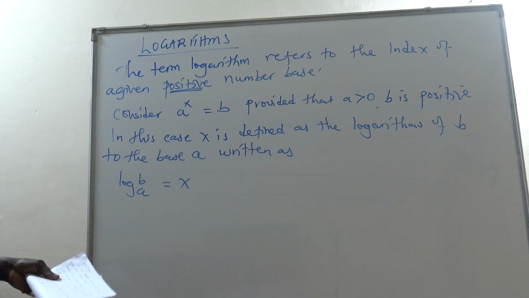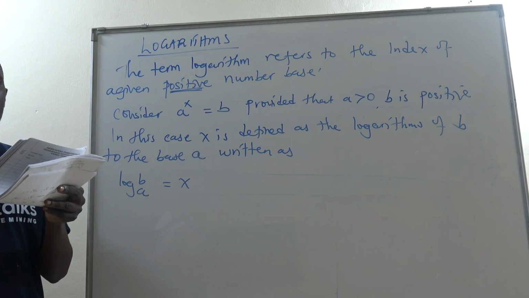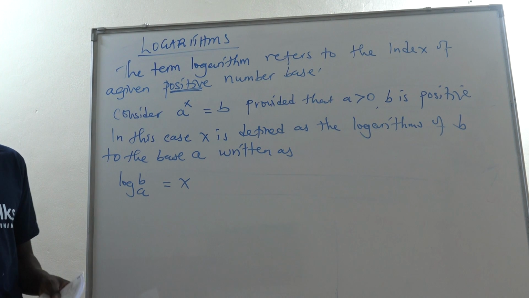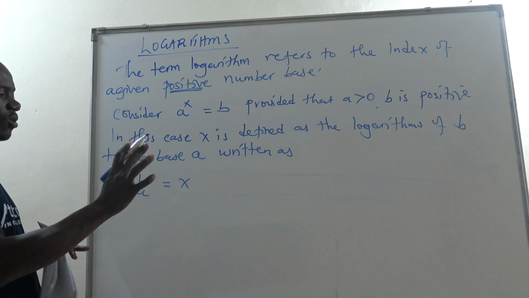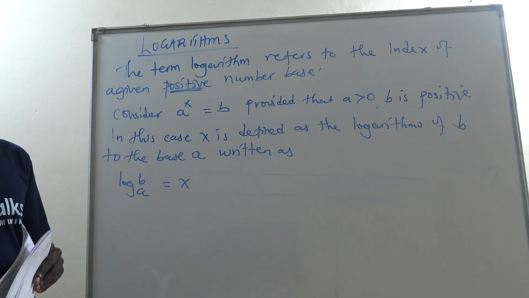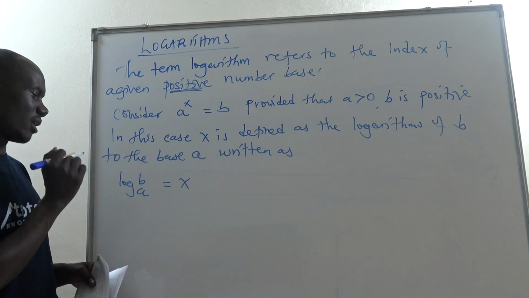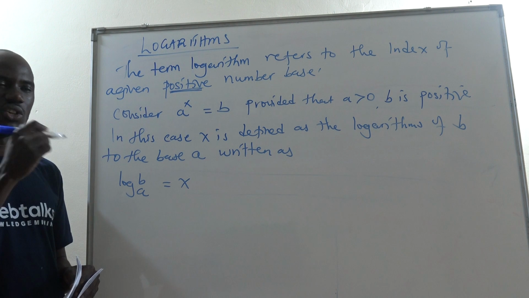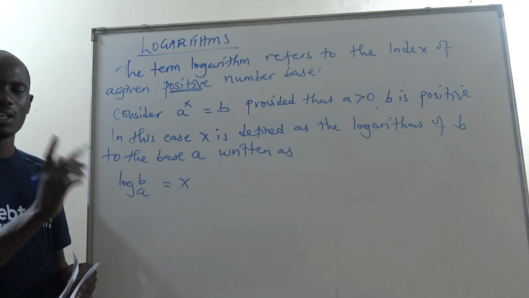Basing on the connection between the index and logarithm forms, we are now connecting all those connectivities which we have been using from the rules of indices. The same is going to apply in these logarithms. That's why we started with indices.